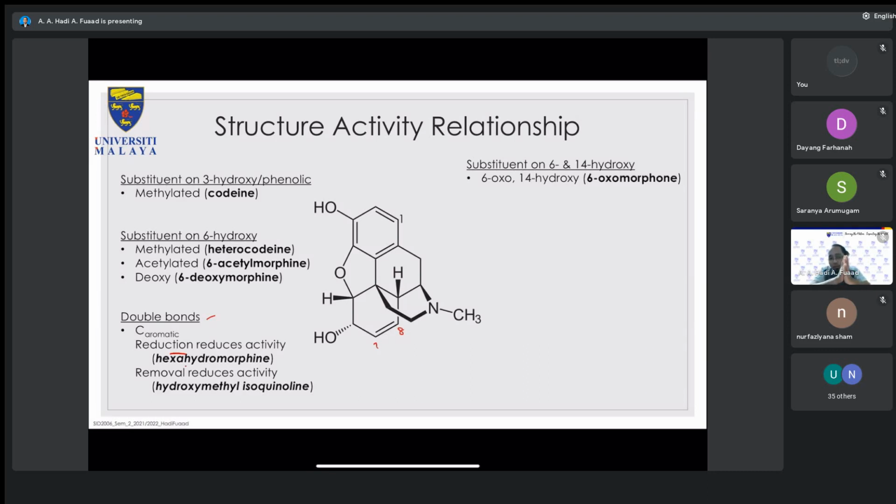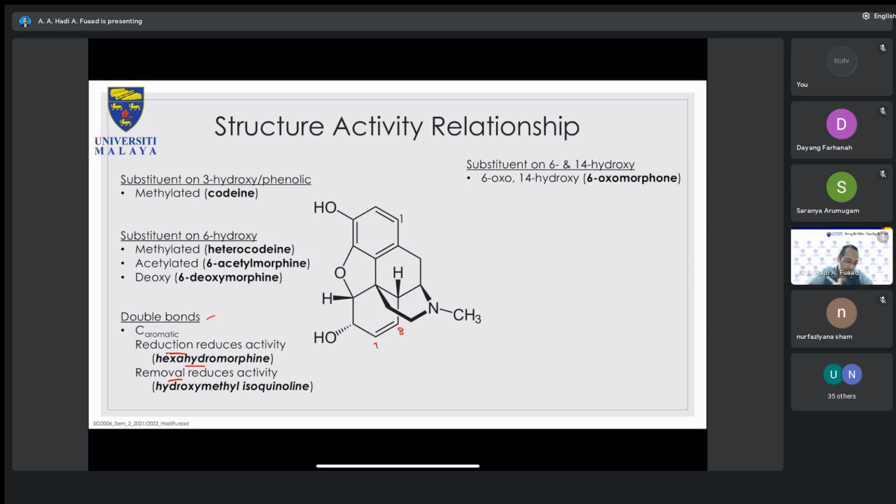Once you reduce it, there's no longer a double bond over there, and the structure becomes like any other cyclohexane, where it fluctuates between boat and chair conformations and whatnot. So it doesn't bind as strongly to the endorphin receptor as morphine does. Okay, and then if you remove it, so first one is if you reduce it, so it no longer has a double bond.